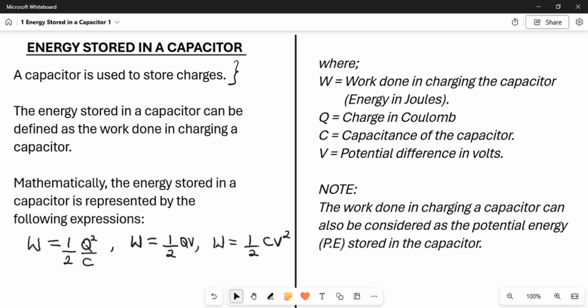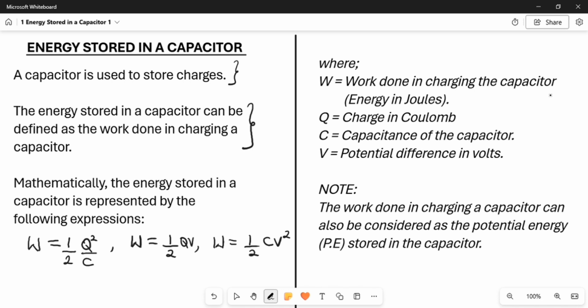Now, the energy stored by a capacitor is expressed as the work done in charging that capacitor. And mathematically, we have some expressions to represent the work done in charging a capacitor, or simply the energy stored by a capacitor.